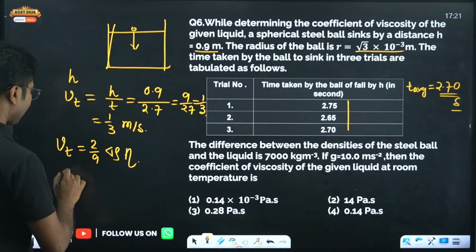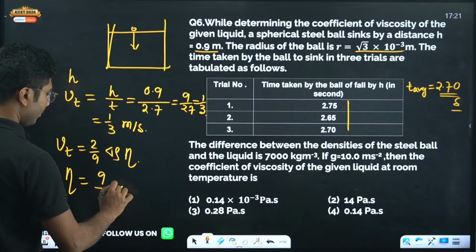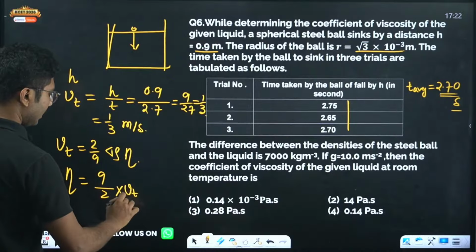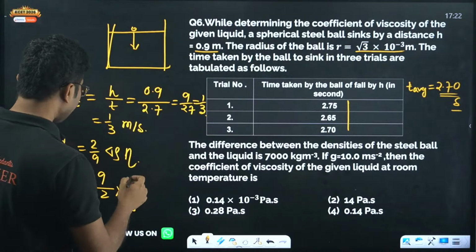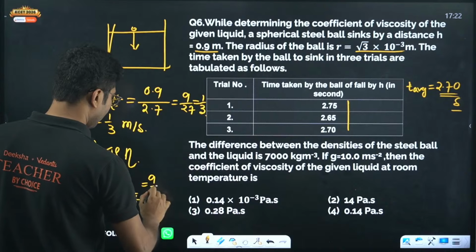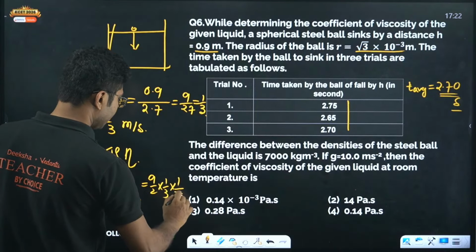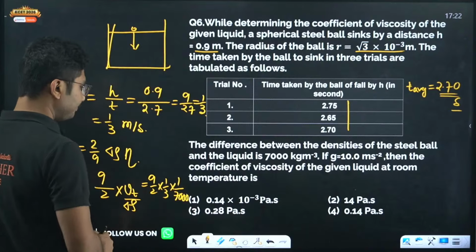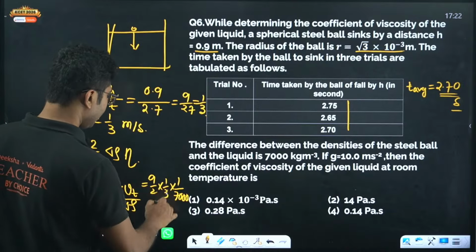From here you can calculate the viscosity, which will be 9 by 2 into Vt divided by difference in rho. So you have to calculate that: 9 by 2 into 1/3 into 1 by 7000.